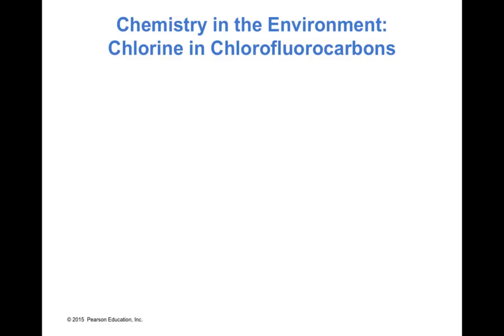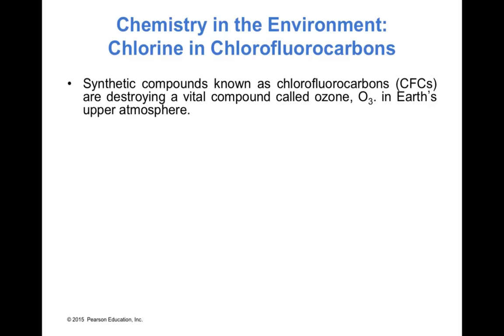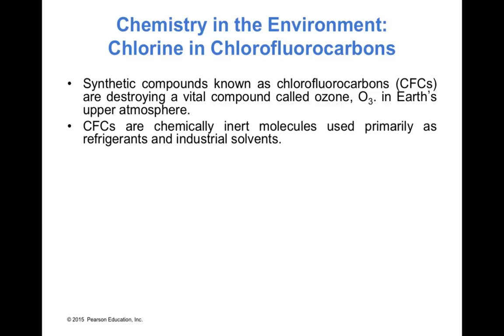Now, talking about compounds that have chlorine, synthetic compounds known as chlorofluorocarbons, CFCs, are destroying a vital compound called ozone in Earth's upper atmosphere. CFCs are chemically inert molecules used primarily as refrigerants and industrial solvents.